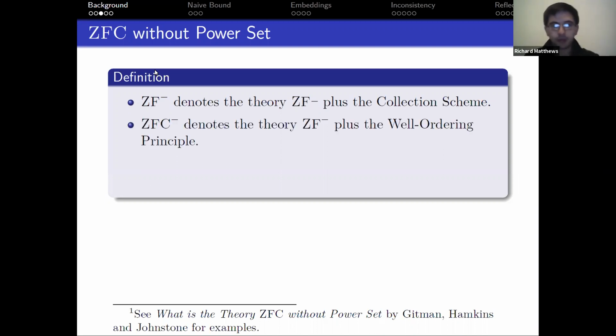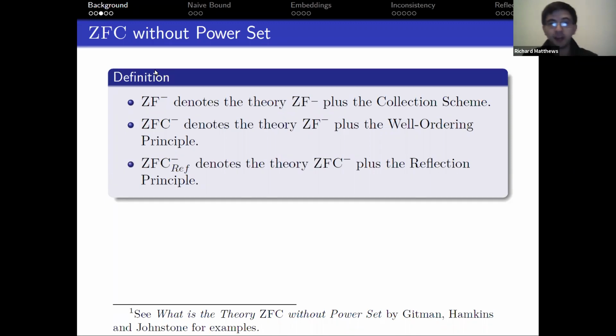It's also well known that without power set, the various principles of the axiom of choice no longer imply each other. So we're going to let ZFC minus be ZF minus with the well-ordering principle, which is the strongest of the standard versions of the axiom of choice that we use.